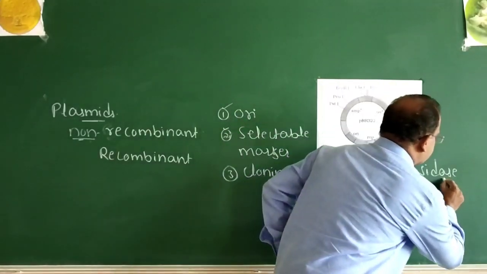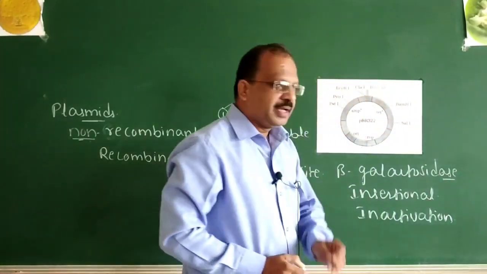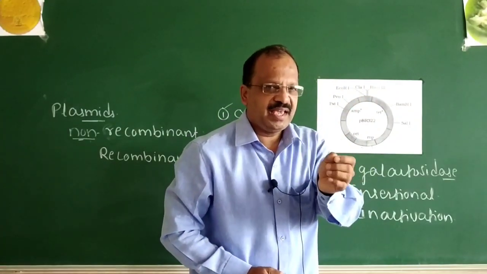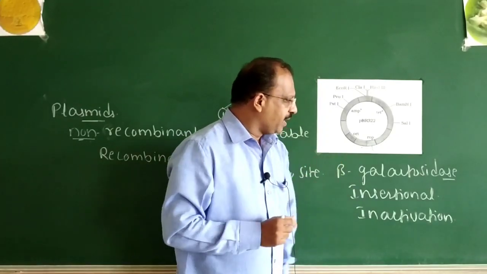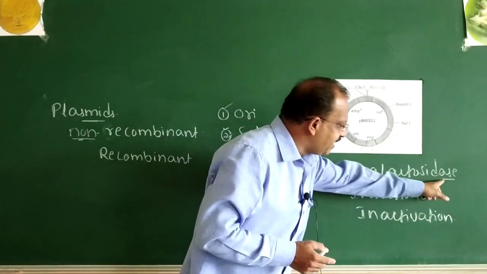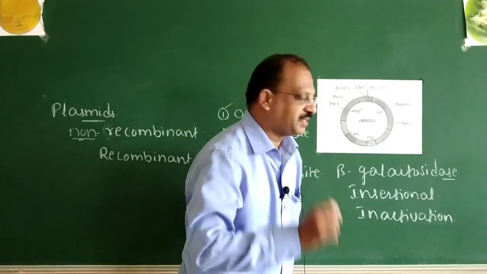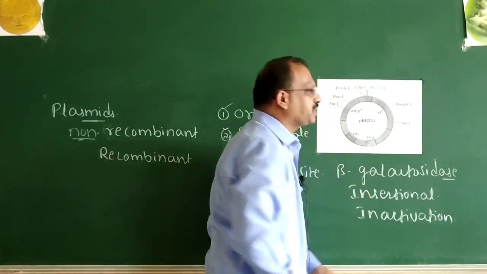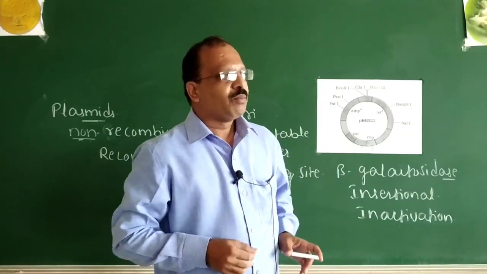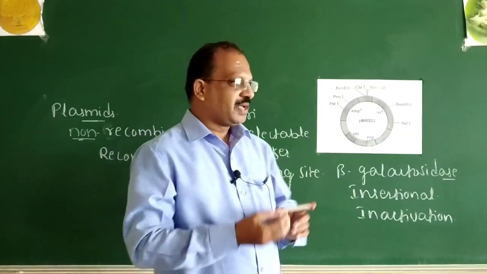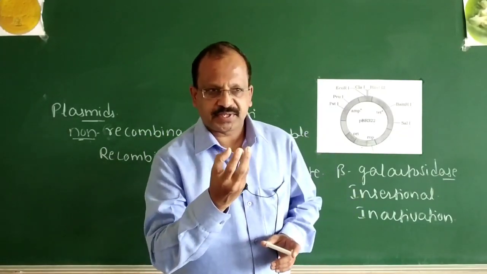You know already this enzyme. Any word ending with the suffix ase is the name of an enzyme. This beta galactosidase we have come across in the lac operon concept. Go back to molecular basis of inheritance and try to recollect this enzyme.